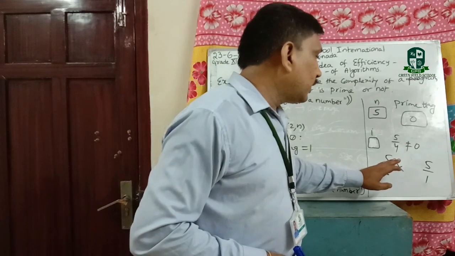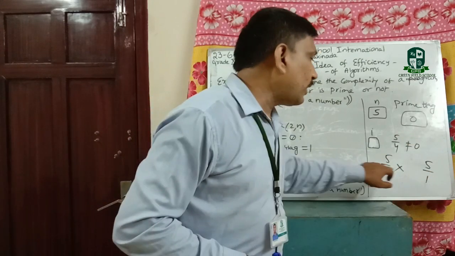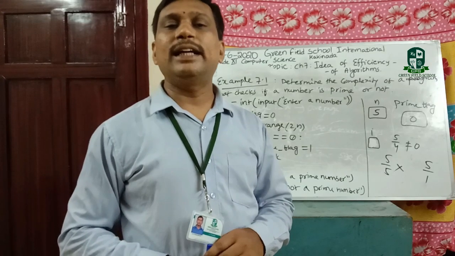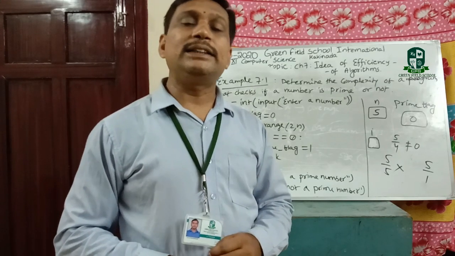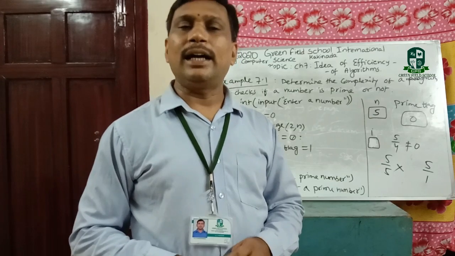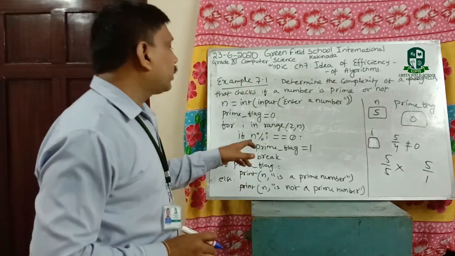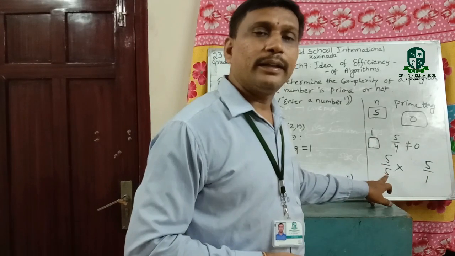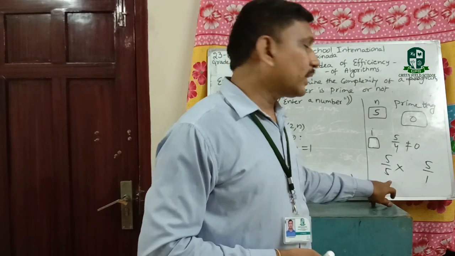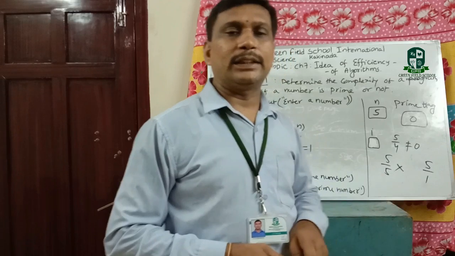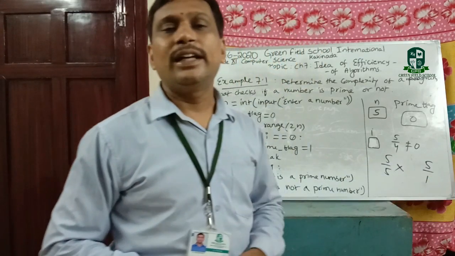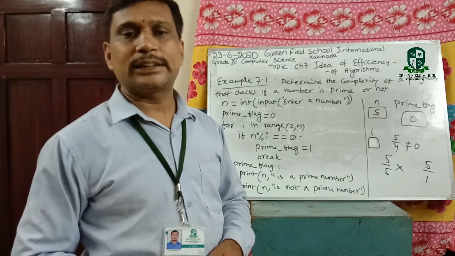Then, out of all the remaining numbers, we check whether the remainder is equal to 0 or not. Every number has at least 2 factors, except 1.